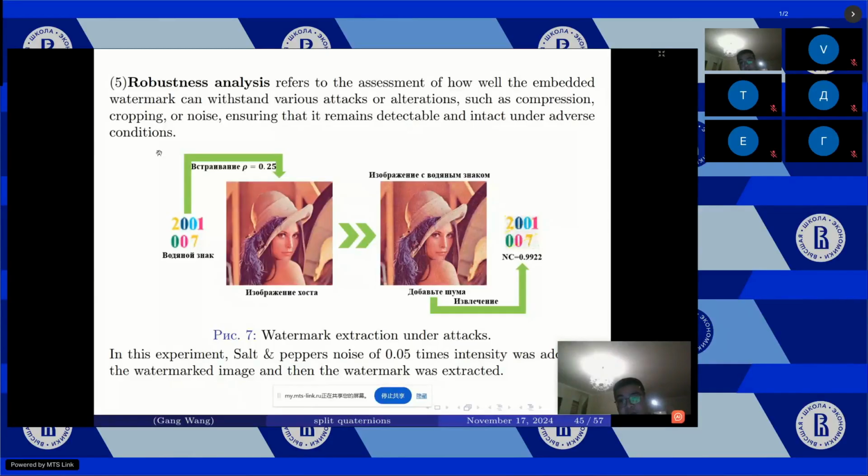In Figure 7, salt and pepper noise of 0.05 intensity was added to the watermarked image, and then the watermark was extracted.